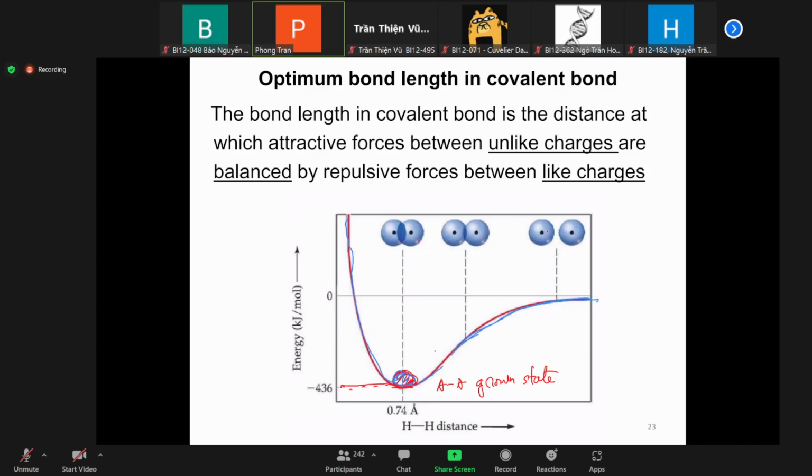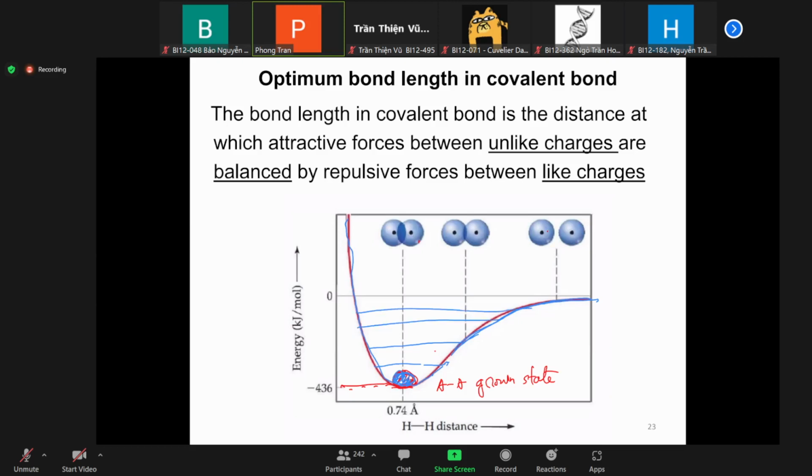So what can you understand from the diagram? The molecule is stable here. They give you one molecule, it's stable here. But it can also take this state, this state, this state. Okay?